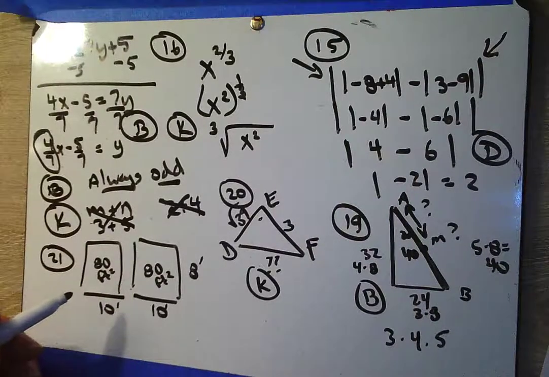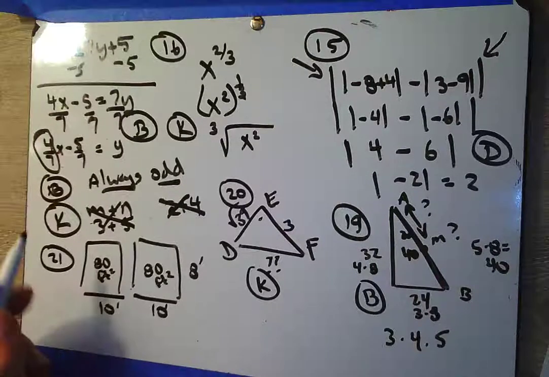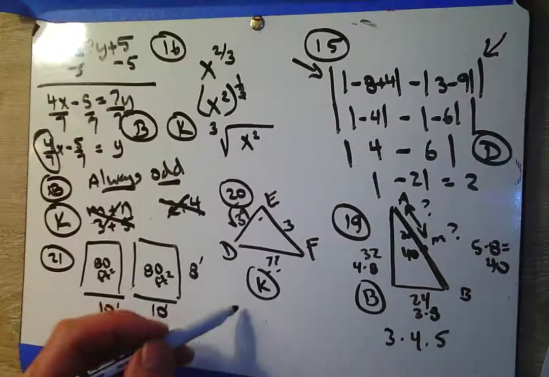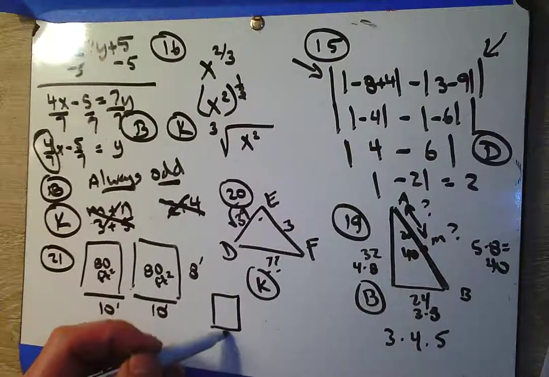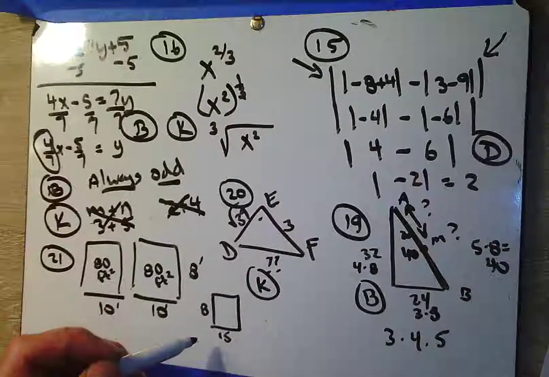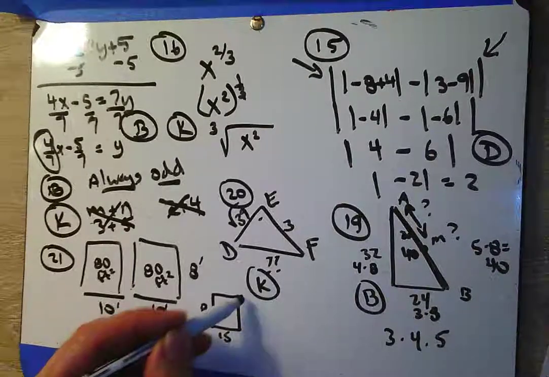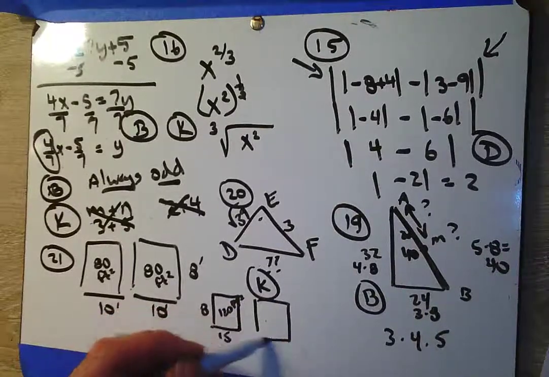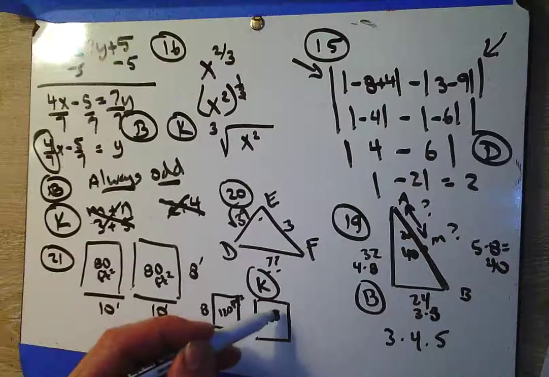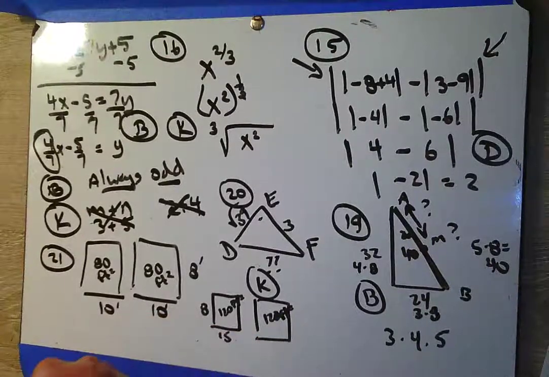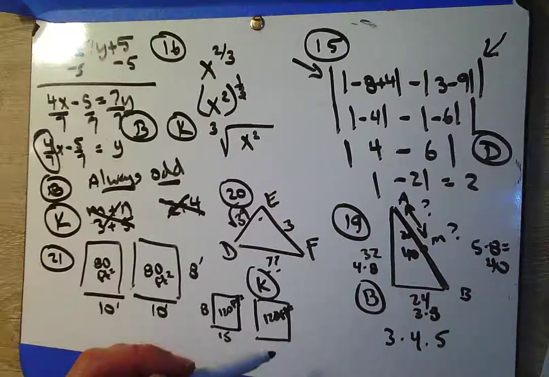Okay, what else does she have? 2 walls are 15 feet wide. Okay, so she's got 15 times 8, which is 120 square feet. And she's got 2 of those walls. And the combined area of the window and door are 60 square feet, and she's not going to paint those.